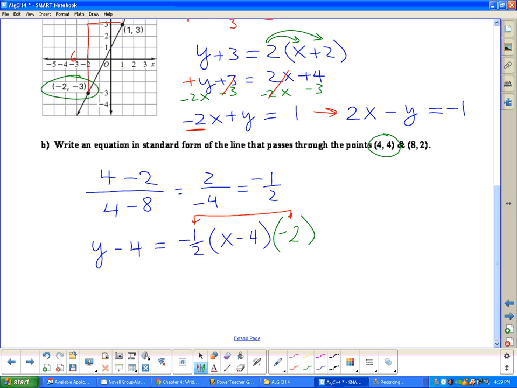So, now on the left side, I'm going to get, let's see, this one I am going to distribute, so I'm going to get -2y, and then plus 8 on that side. And then on this side, because these two cancel out, went to 1, I just get x minus 4. Okay, the stuff that was in the parentheses.